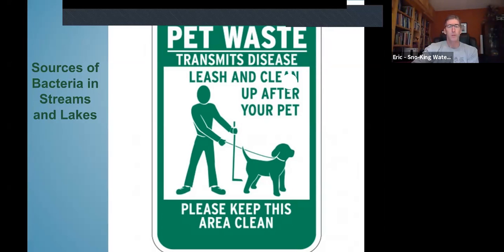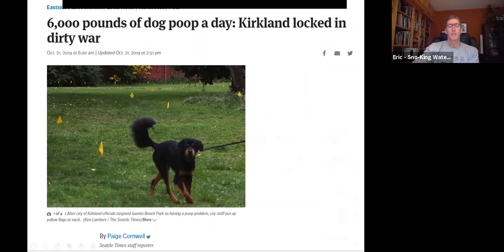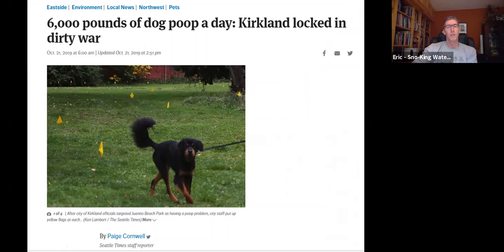So where does it come from? We talked about pets as one place where it can come from. This is a relatively recent article, last year I guess, in Kirkland. Kirkland did an interesting study, I think at Juanita Beach Park.